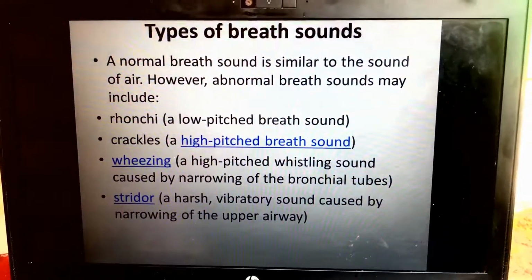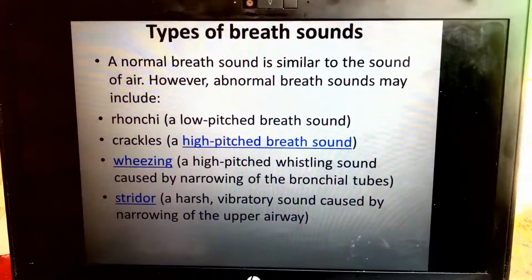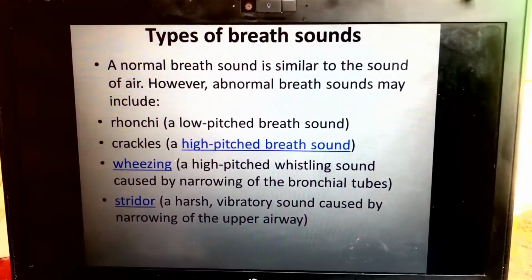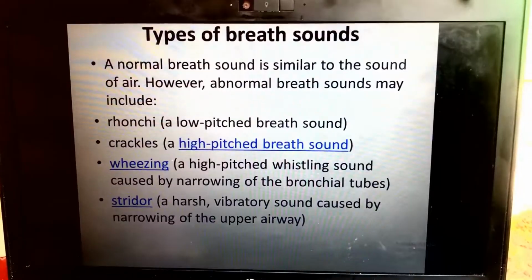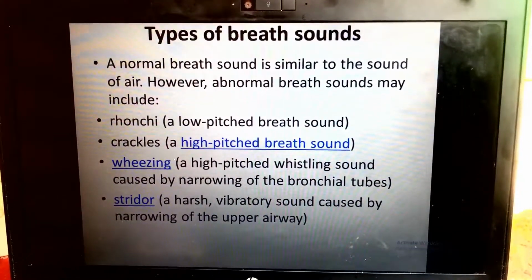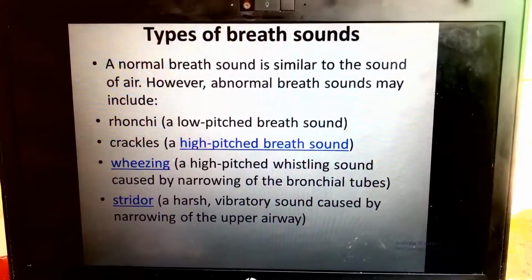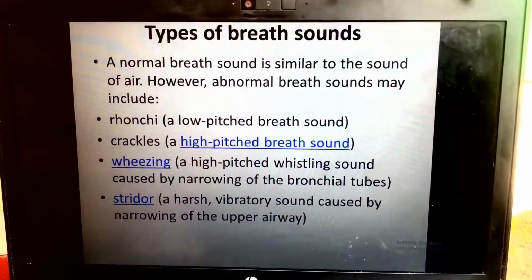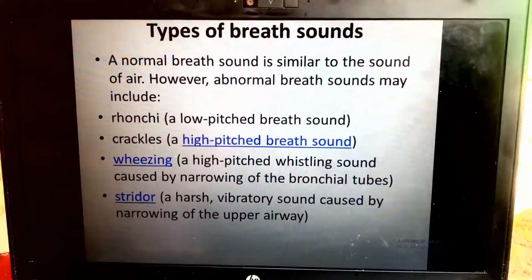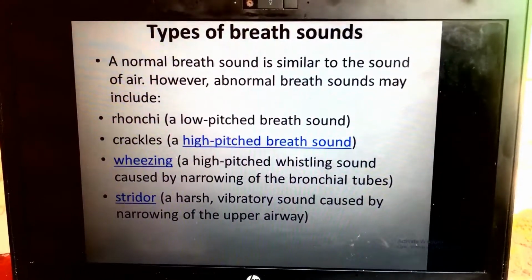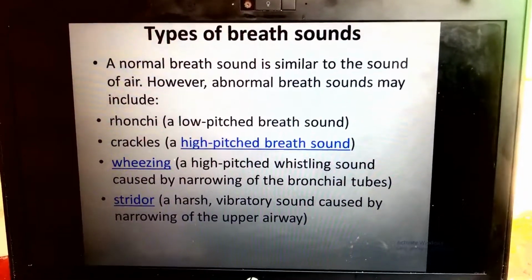What are the types of sound? A normal breath sound is similar to the sound of air. However, abnormal breath sounds may include rhonchi, a low-pitched breath sound. Crackles, a high-pitched breath sound.